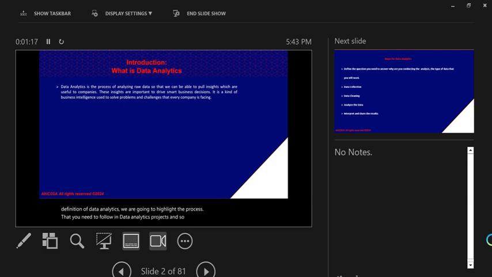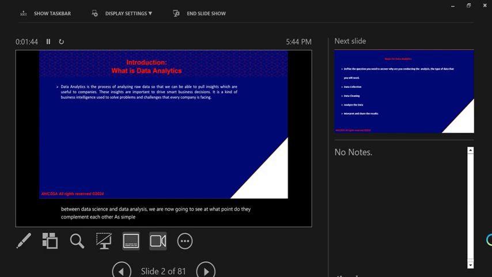After that, we are going to define what data science is. After defining data science, we are now going to compare the differences between data analytics and data science. Then after looking at the differences, we are now going to see at what point do they complement each other as we progress on.